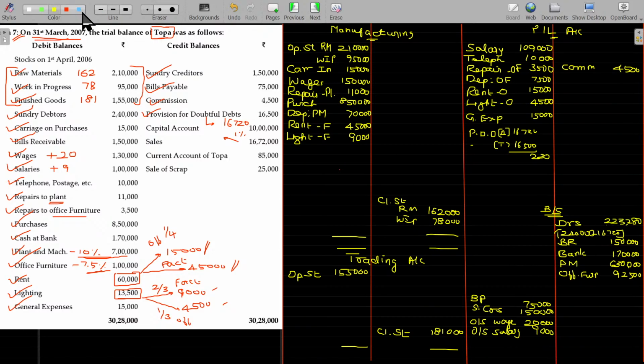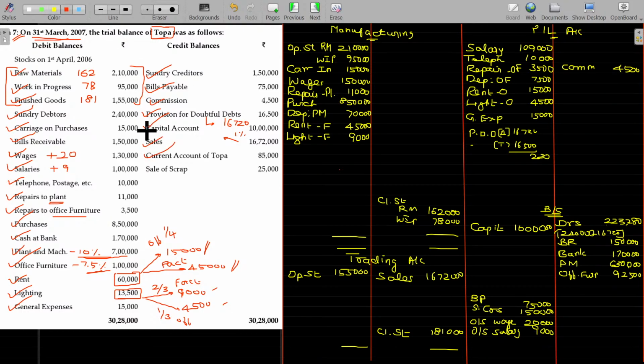We got the debtors here. Capital account. In the balance sheet, capital account liability side, 10 lakhs. Sales will come in the trading account. Sales 16,72,000 rupees.